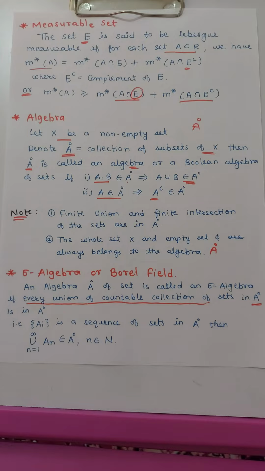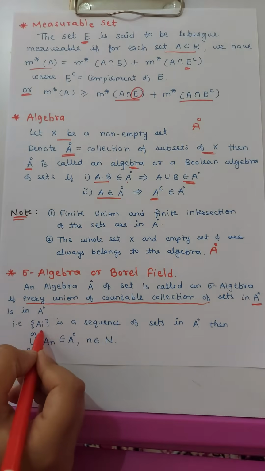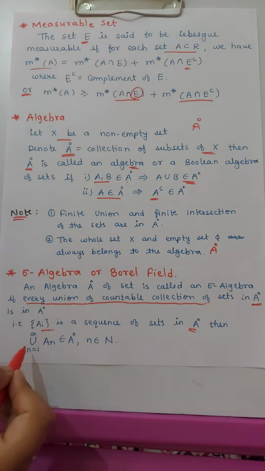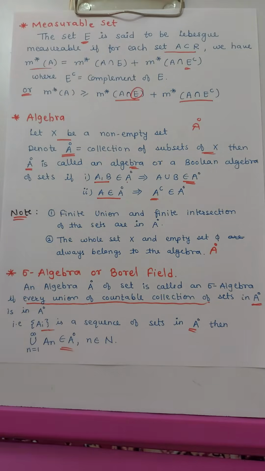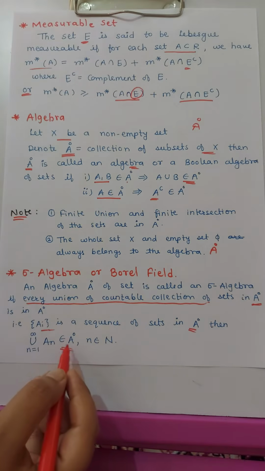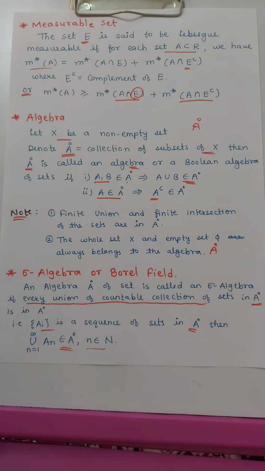That is, if A_n is a sequence of sets in this algebra, then the union of all of them also belongs to this algebra, that is, union of n from 1 to infinity of A_n belongs to the algebra for n belonging to the natural numbers. Now, with respect to these three definitions, we will discuss some theorems.